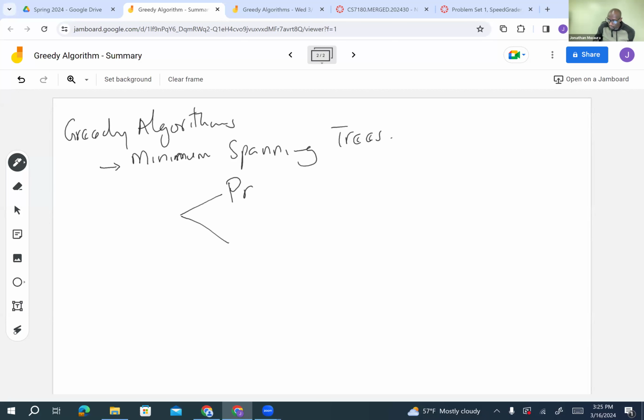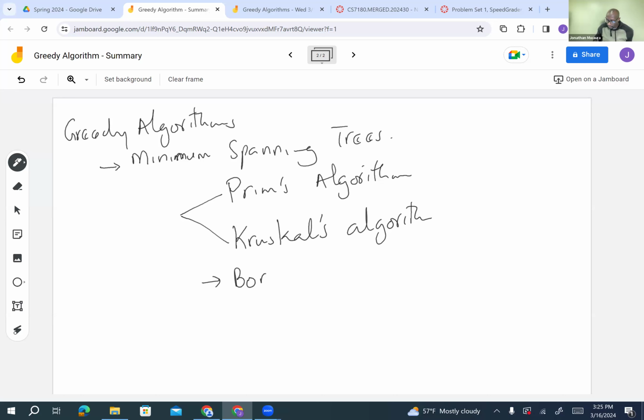One was called Prim's algorithm. We're going to revisit them just in a minute by drawing one graph. And we also used a technique called Kruskal's algorithm. There's another technique called Boruvka's algorithm as well that could have been used.